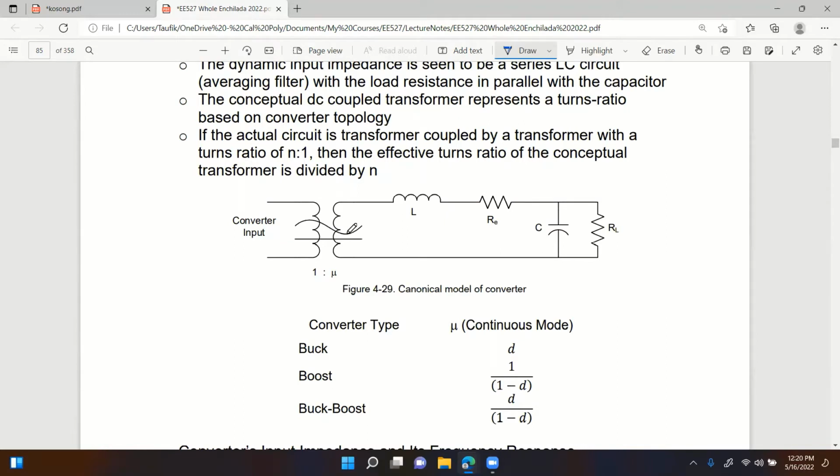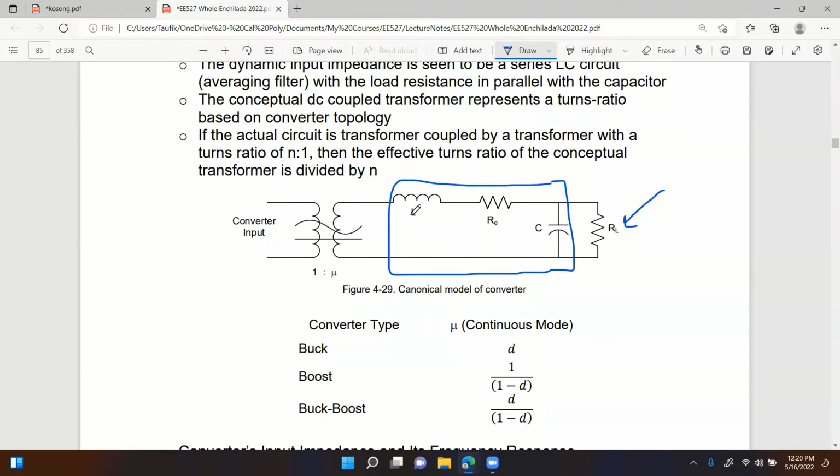Depending on the type of topology, whether you have a buck converter, boost converter, or buck boost, that would determine the quote unquote transformer model of this power supply. And then you have the output filters and the load. That's the load right there. That's the typical output filter of any topology, right?